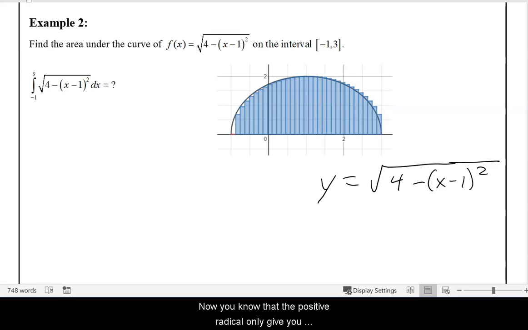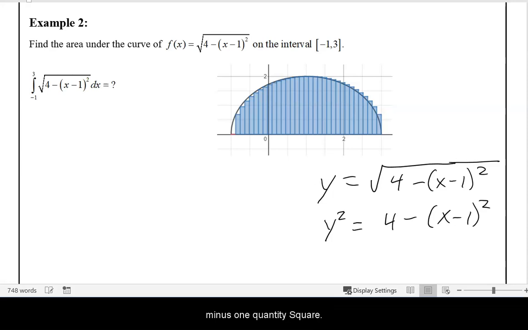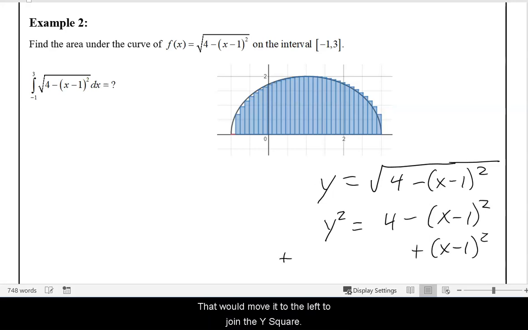Now you know that the positive radical will only give you the upper part of something, but I could write y squared equals 4 minus the quantity x minus 1 quantity squared. Then I could put the x minus 1, the binomial factor that's being squared, onto the left side by adding it to both sides of the equation. That would move it to the left to join the y squared.